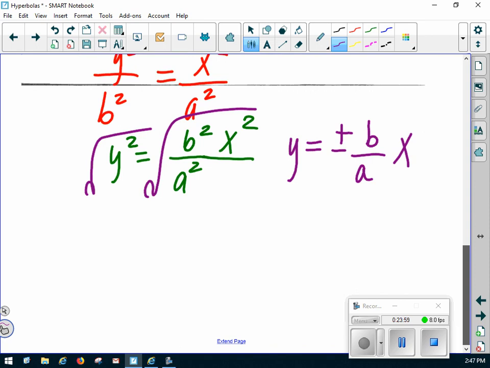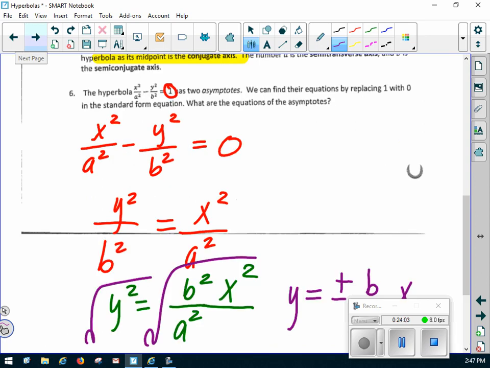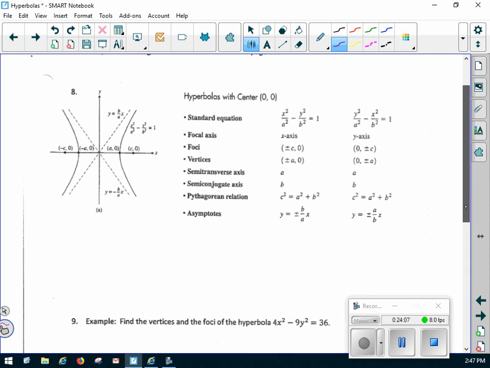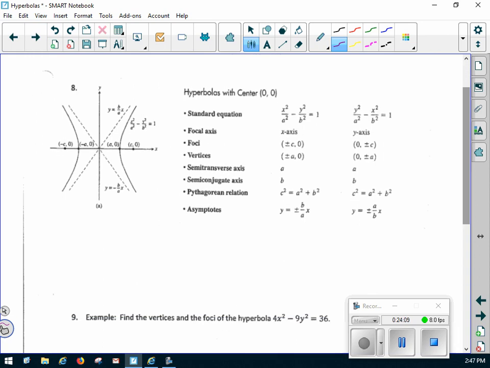Go to the next page of your notes. Now, I want you to look at this list. This is just characteristics. When your hyperbola has a center at the origin, and the hyperbola branches open left and right, then the x squared leads, okay?